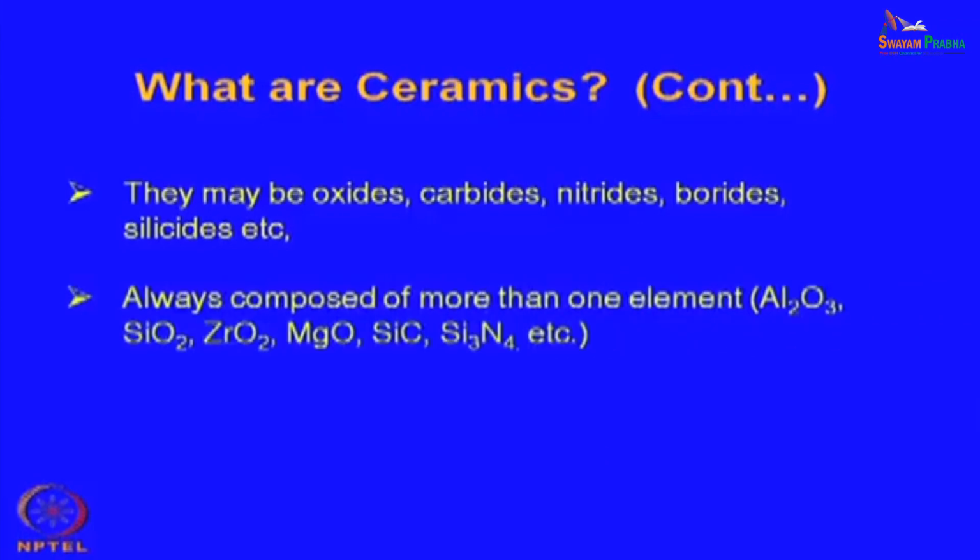So, these are more uncommon types of compounds which are available under the category of ceramics. They are always composed of more than one element, as has already been said, and a few other examples are silicon dioxide, zirconium dioxide, magnesium oxide, silicon carbide, that is one kind of carbide, a combination of silicon and carbon. Then you have silicon nitride, a combination of silicon and nitrogen.